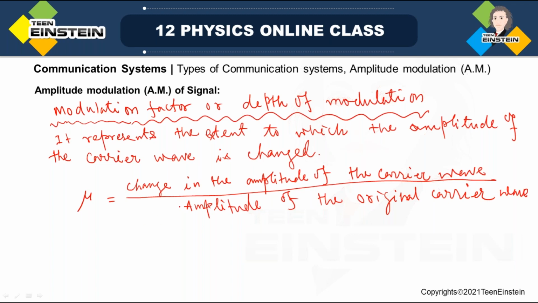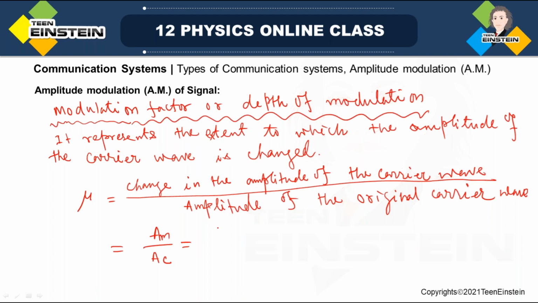Okay, so change in the amplitude. Let me write this as Am by Ac. Ac is the amplitude of the original carrier wave, and Am is the change in the amplitude of the carrier wave.